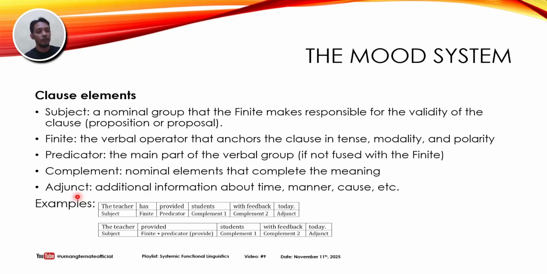Okay, now we can look at these examples. We have two almost similar clauses, but the first one has the finite and the predicator separated. Meanwhile, the second clause has the predicator fused with the finite.